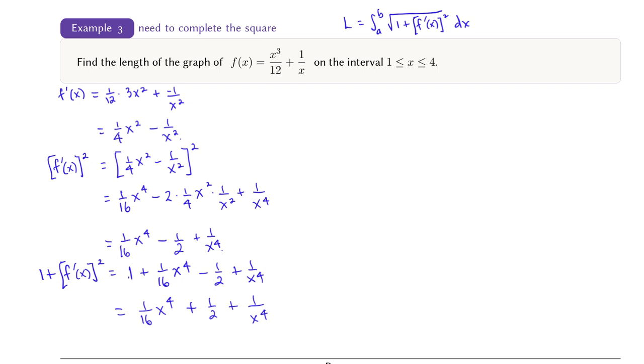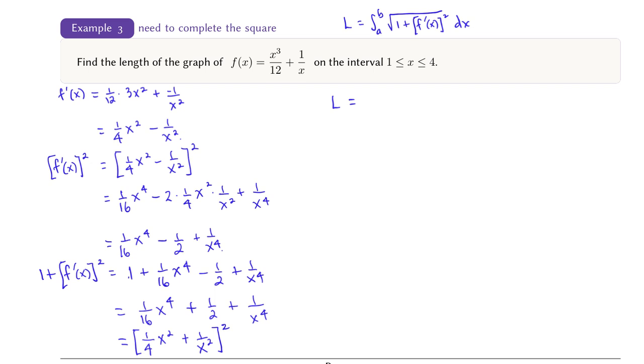And so this must be the square of 1 over 4 x squared plus 1 over x squared. If we were to complete the square for the trinomial, we would obtain 1 over 4 x squared plus 1 over x squared, squared. And this is the argument under the square root in the arc length formula.